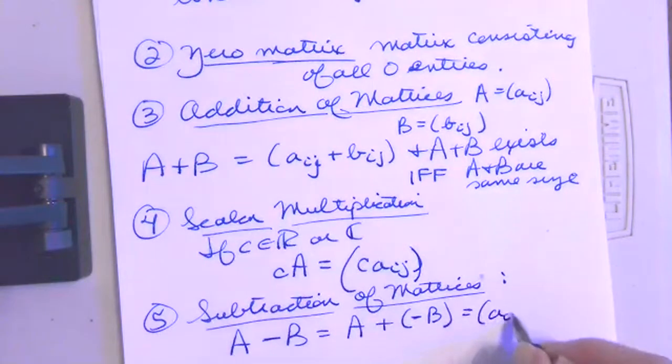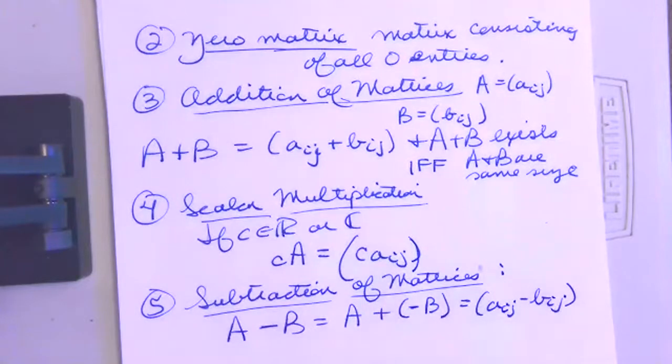So term by term, this is Aij minus Bij, and it can be done. You can subtract the two matrices if and only if they're exactly the same size. You can't do beyond that. That's subtraction of matrices.